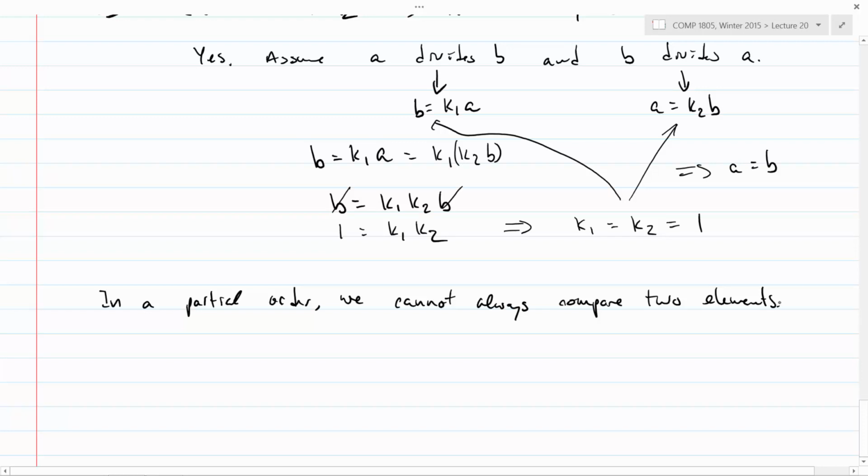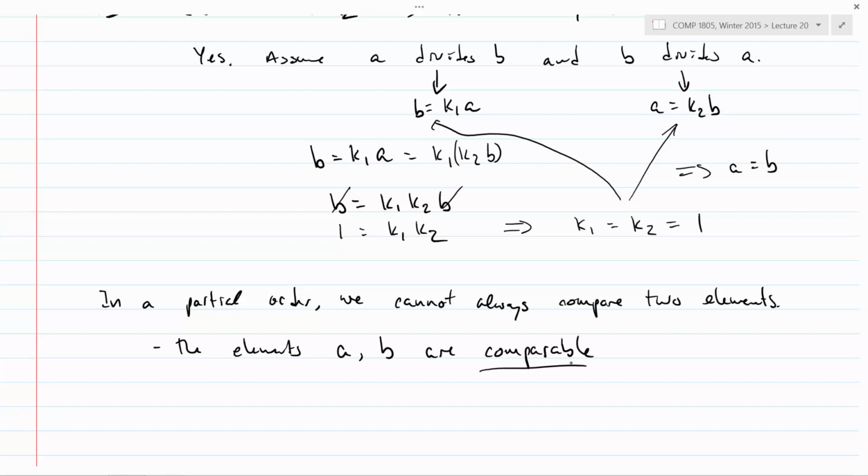All right. So let's talk about that. The elements A and B are comparable if they're related in some order.